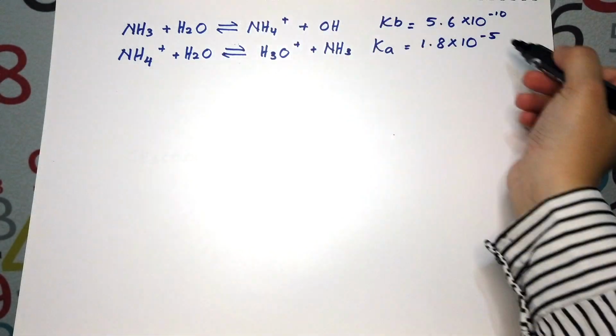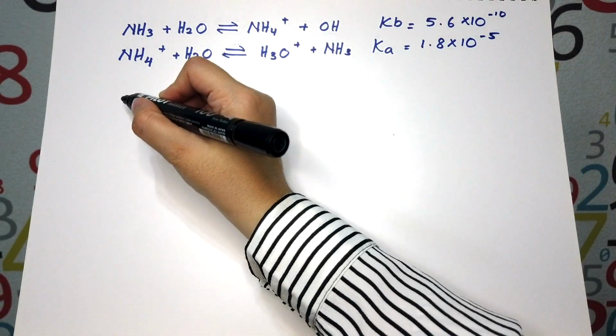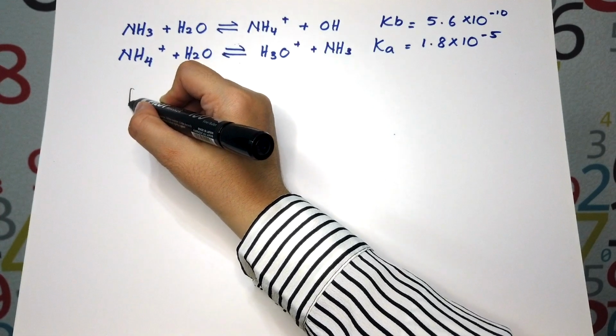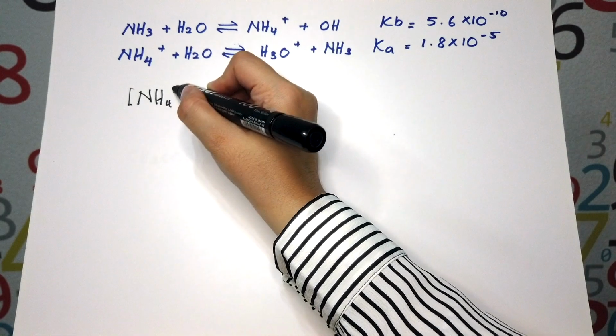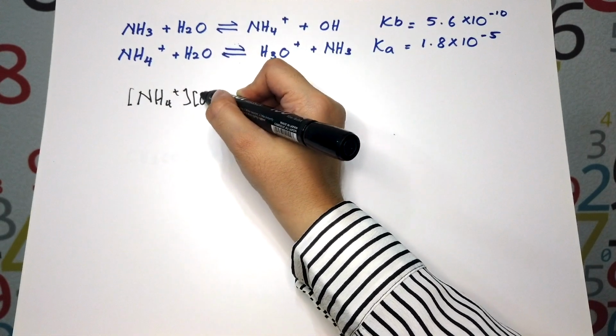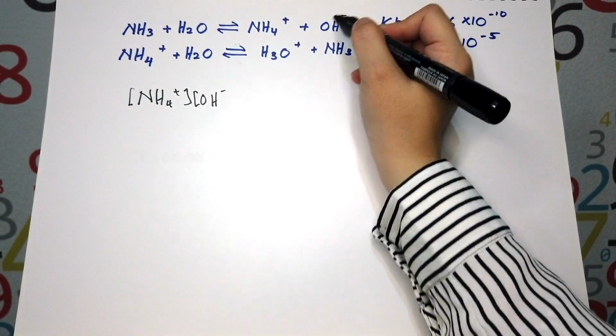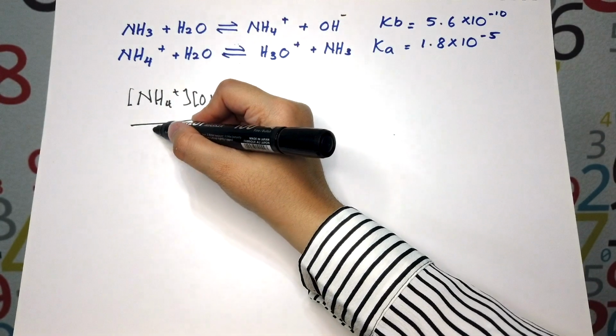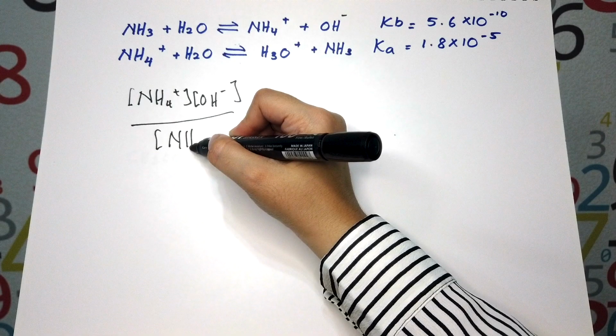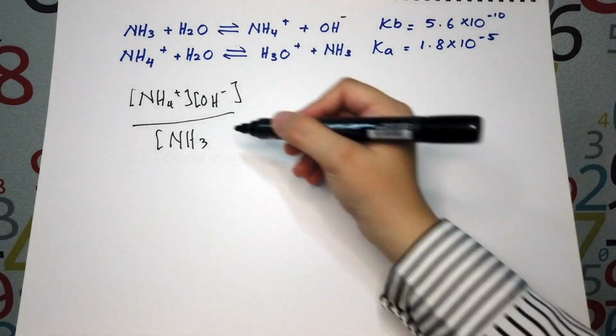So I'm going to start with the Kb. If you want to calculate the Kb, it's going to be NH4 plus times OH minus divided by NH3.